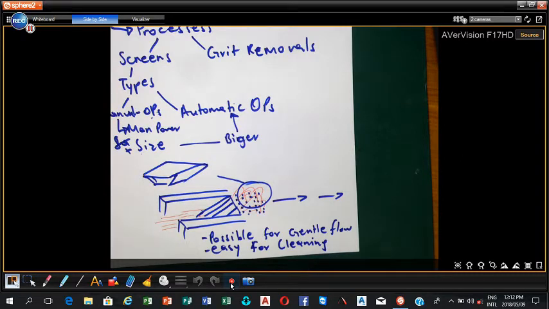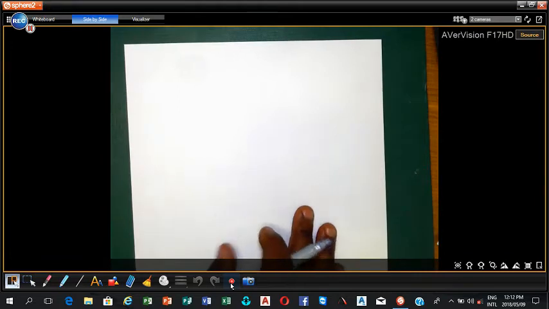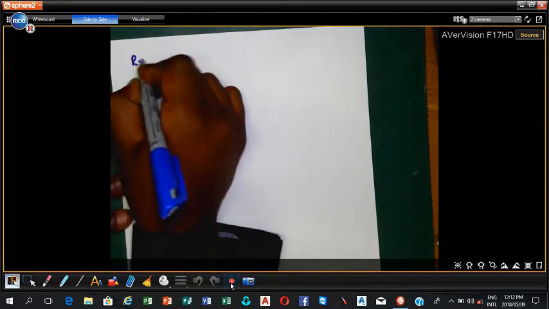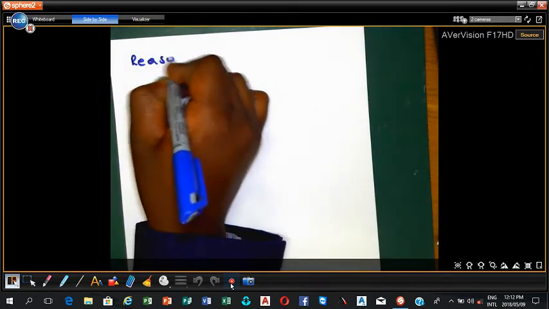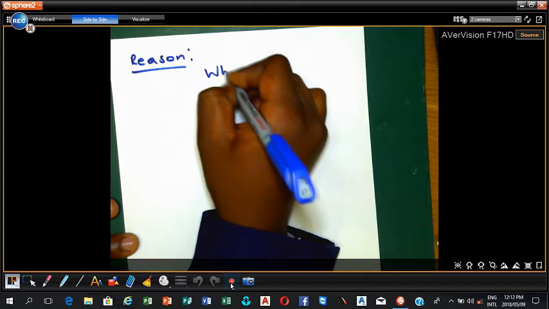But before we go to the screens and disposal in various forms, I would like us to also make mention of the reason. We need to ask the reason, and the minute you ask, you think of one phase.